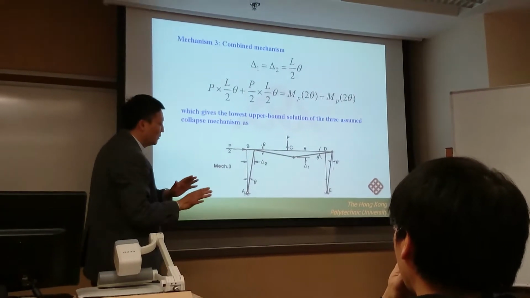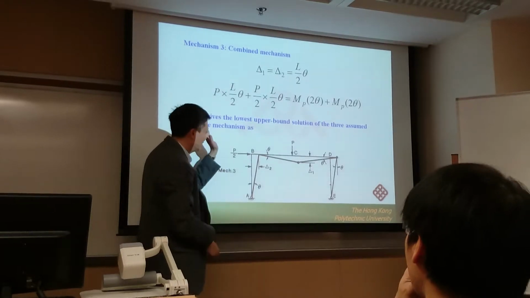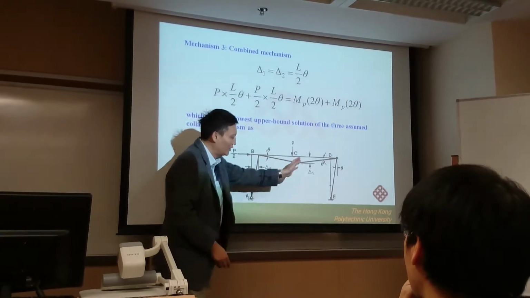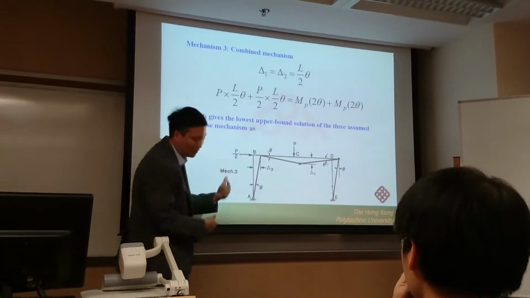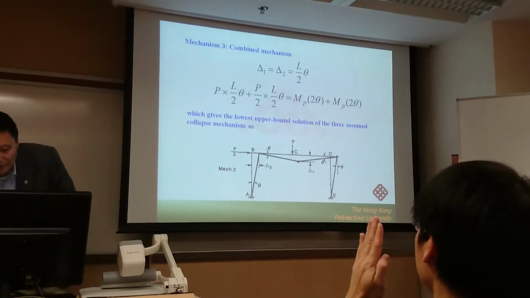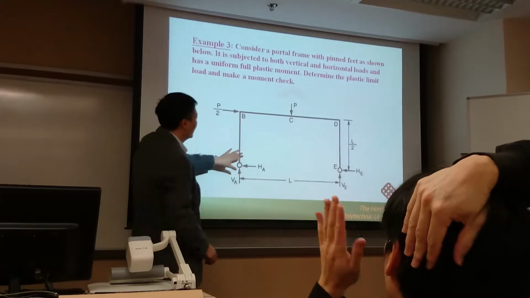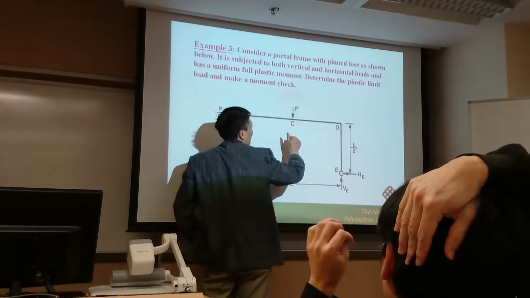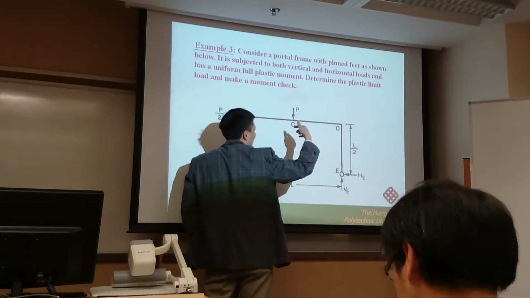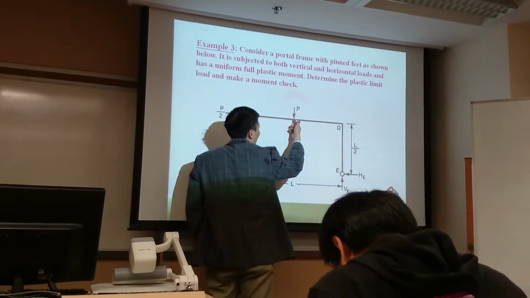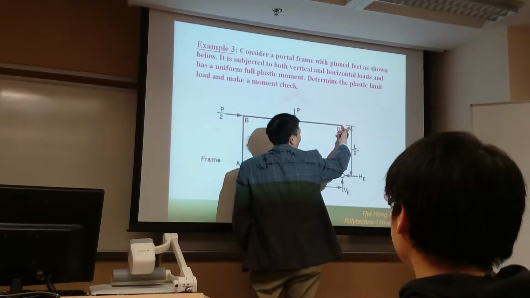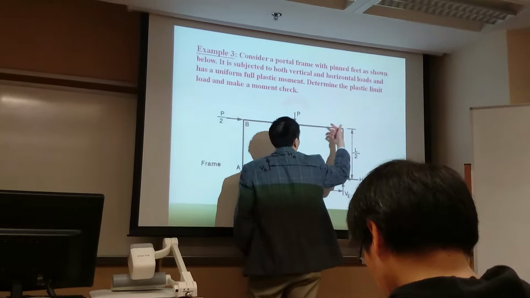So usually you just need to forget this deflection configuration and go back to the original structure. We go back to the original structure, and the P is equal to P3. Corresponding to P3, here is a plastic hinge, and here is a plastic hinge.